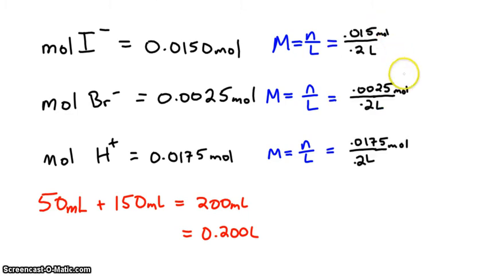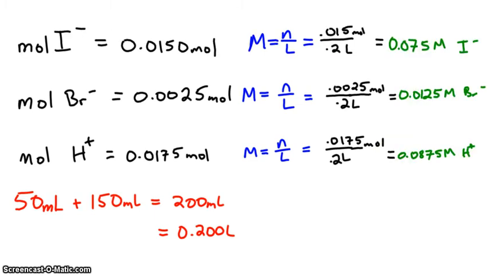Substituting in the values and calculating, you'll determine that there's a 0.075 molar solution of I minus, 0.0125 molar Br minus concentration, and 0.0875 molar H plus.